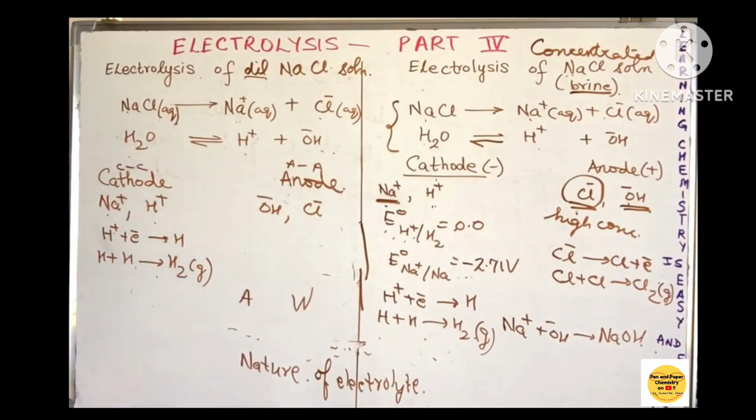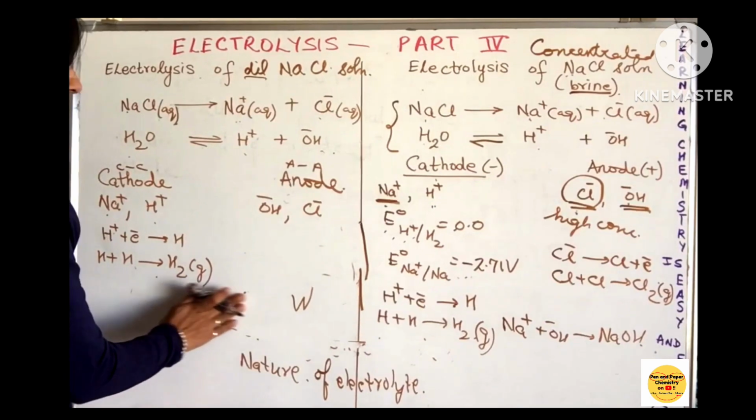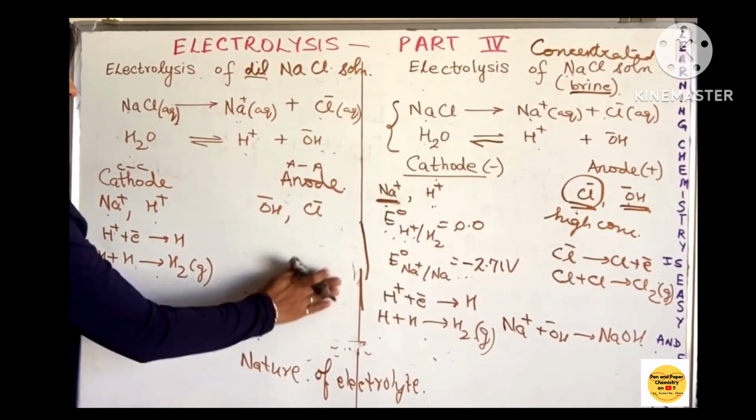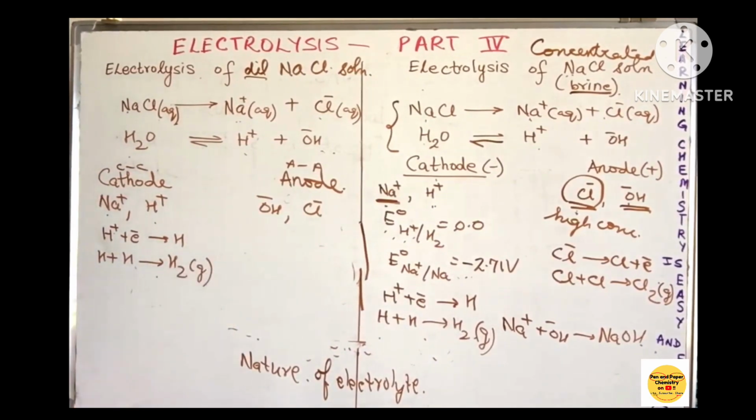This was the hint that I had given you. Pause the video, try writing. If you are not able to write, then it's a wake-up call that you need to revisit the topic electrolysis of acidulated water. That's part 2 in this set of videos.